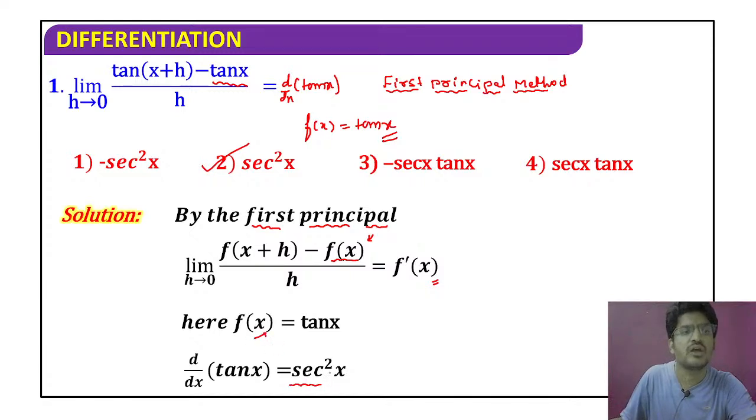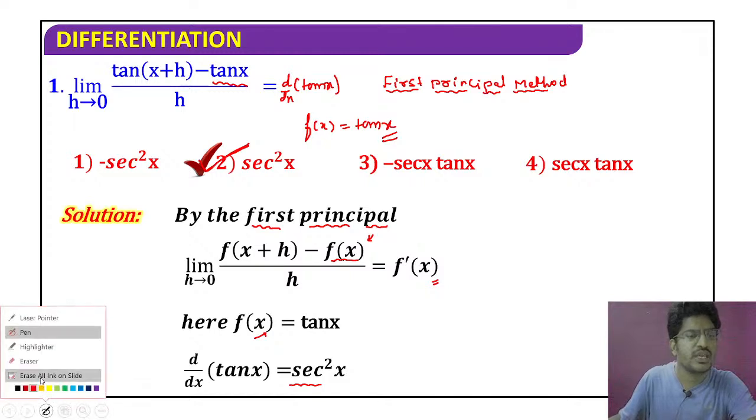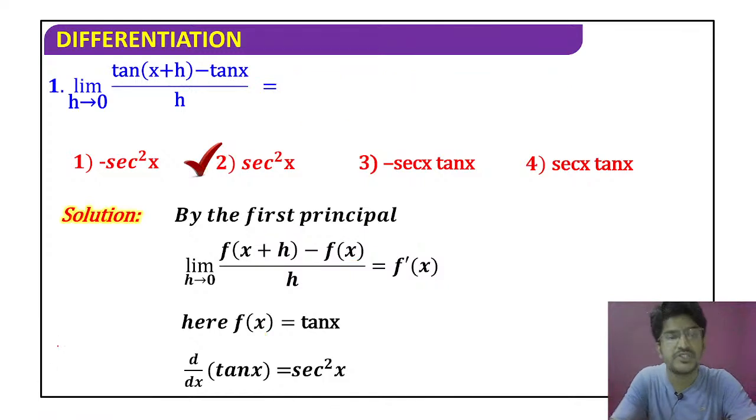So therefore option 2 is going to be the right answer, that is sec square x. Clear? Okay. So option 2 is the correct answer. So quickly give me the replies for the first problem so that I can go for my second problem.